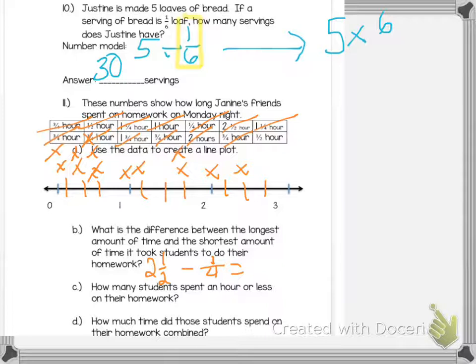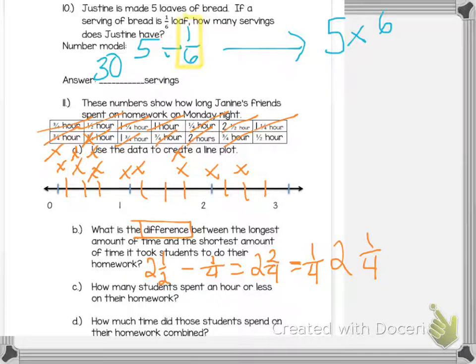So we know that 1/2 is equal to 2/4, minus 1/4. 2 minus 1 is 1, 4 stays, 2 minus 0 is 2. So the difference, and our keyword is difference, difference means to subtract.